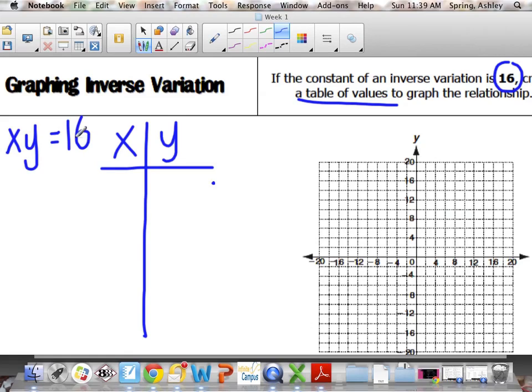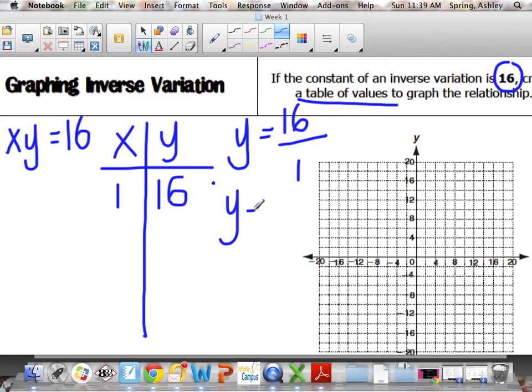So for example, if I plug in 1, there's only one possible output that y could be. If I take a look in terms of the equation, y is equal to 16 divided by 1, for example, because that's the input that I chose, so y equals 16.